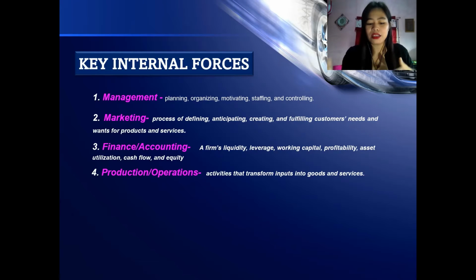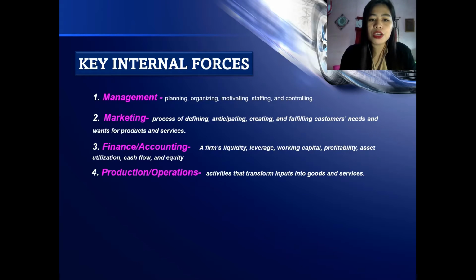Questions you can ask: in which financial areas are you weak, or in which are you strong? Is the firm able to sustain its short-term obligations? How about its long-term capital and other investments? This involves other investment and financing decisions.